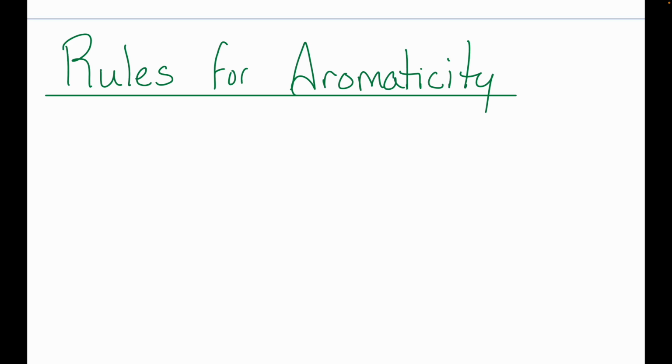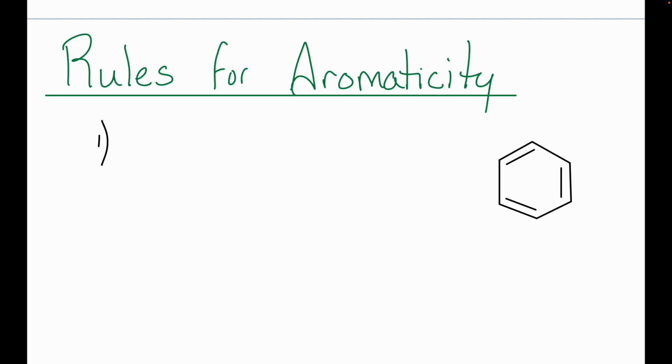But we got these rules first here, okay? So benzene, being the example of this chapter, is a good example of an aromatic compound, and that is because the molecule meets these two rules, all right? Any molecule that meets these two rules is considered to be an aromatic compound.